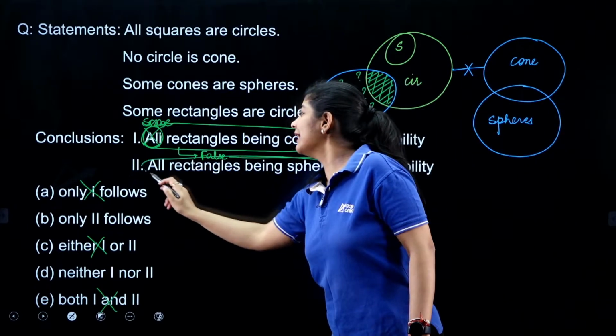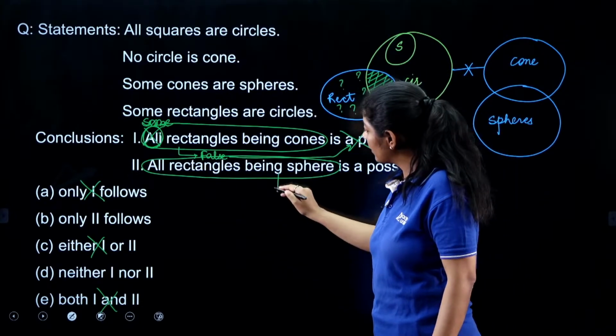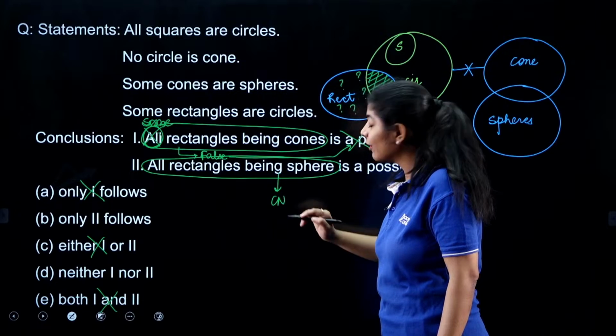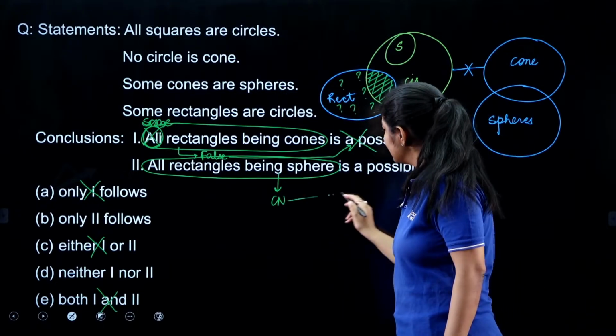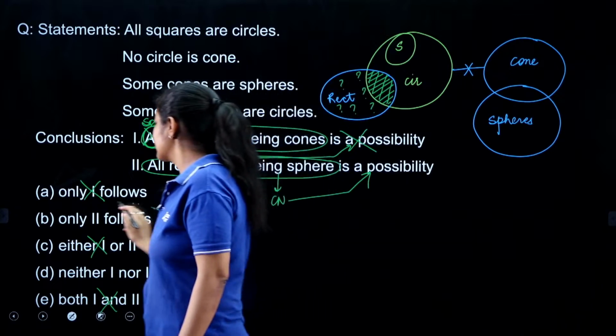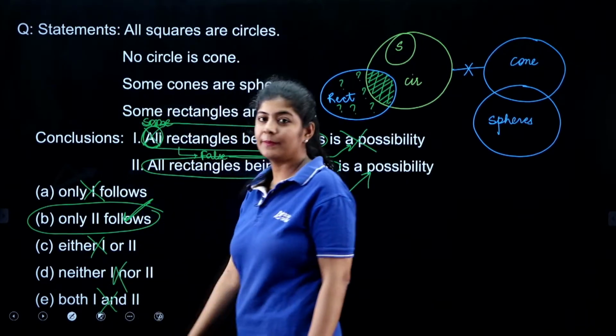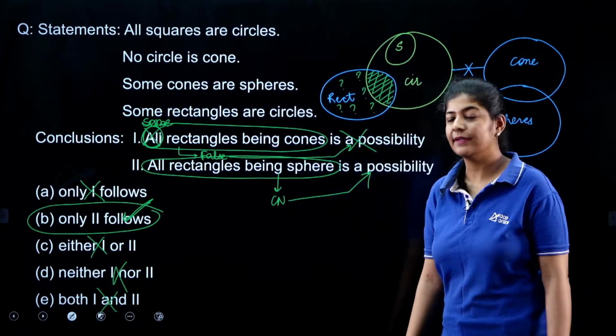Right now we are not sure whether they are connected or not, and because of this they lie in the category of can't say, and can't say with a possibility is always considered true. So option number B is the correct one, right?